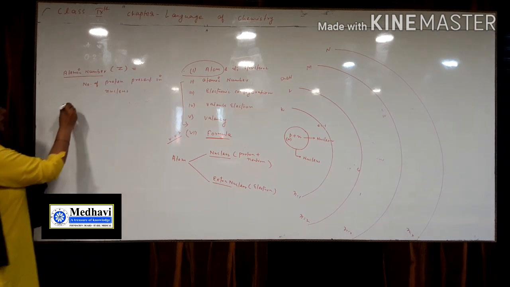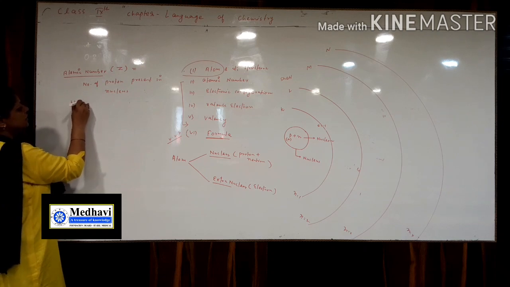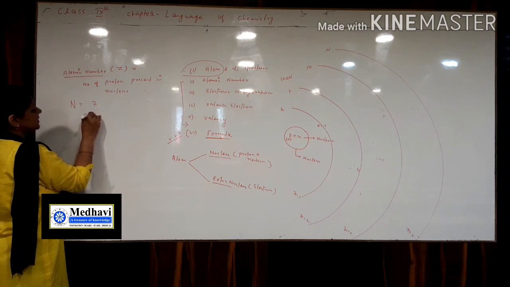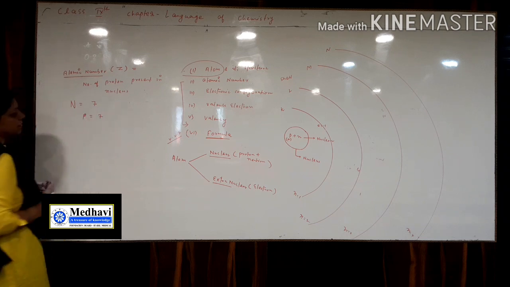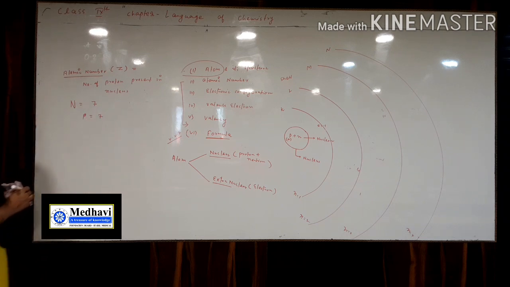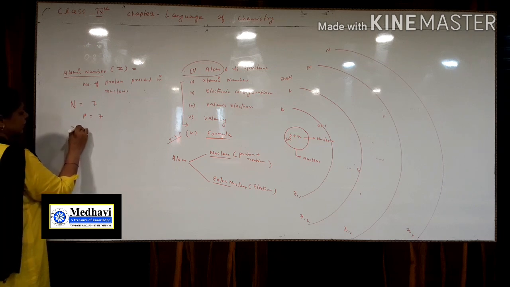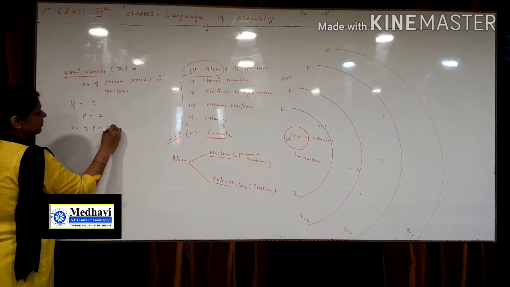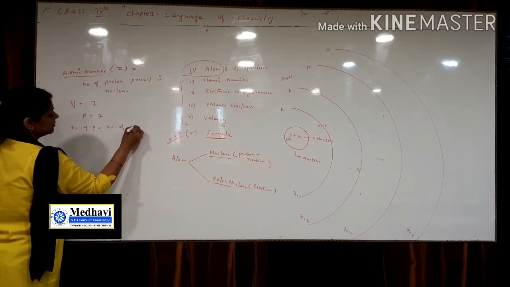For example, the atomic number of nitrogen is 7, it means nitrogen has 7 protons. And the number of protons is equal to the number of electrons for an atom.